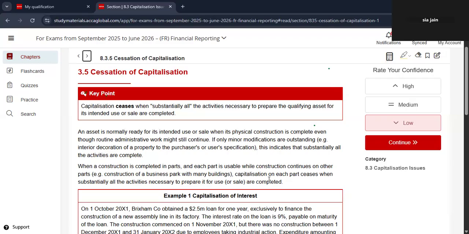If it's proper, it's ready, you can use it, you can sell it, then we consider your asset complete, and you need to stop capitalization from that period. And if you're completing your construction in small parts, like you have first built the first floor, second floor, if your first floor is complete, you cannot capitalize that amount also. You need to cease capitalization for that too.